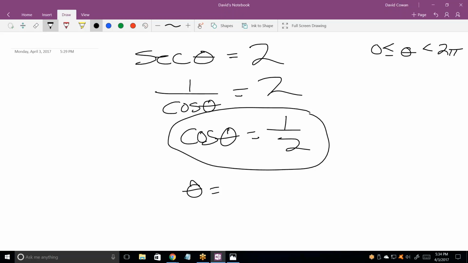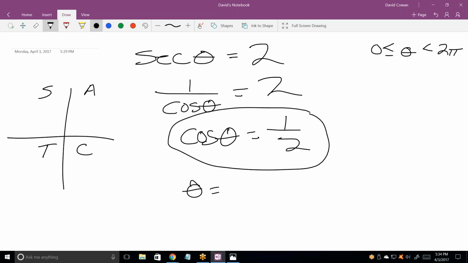Well, let's start with the easy one. What about the first quadrant? Yeah, it would be in the first and second quadrant, right? No, let's take the first quadrant first. What angle is the cosine of that angle equal to 1/2?